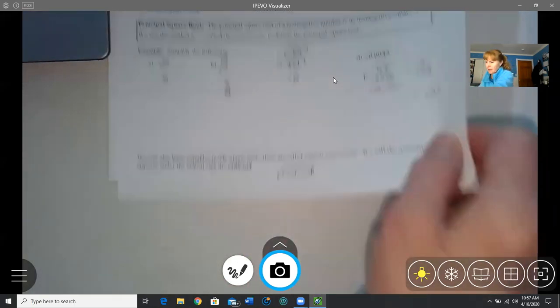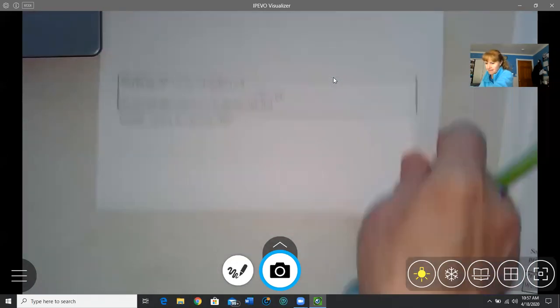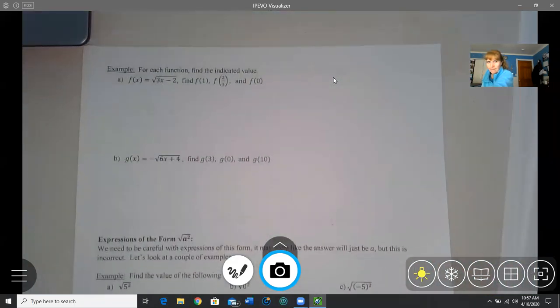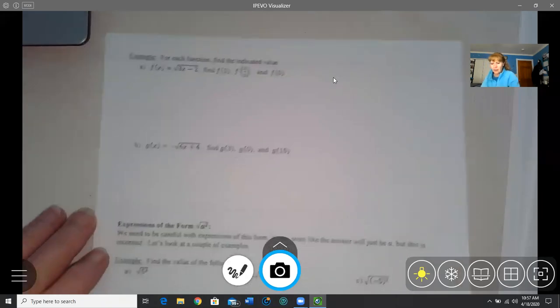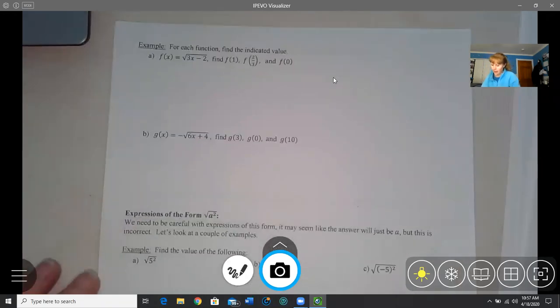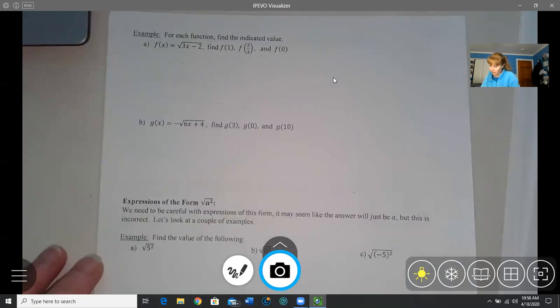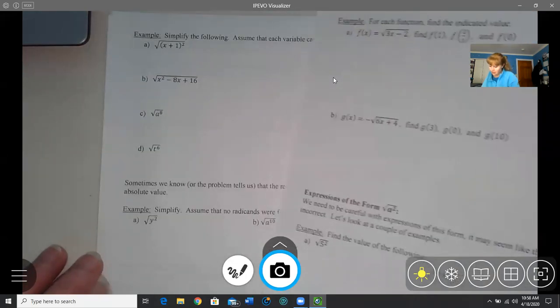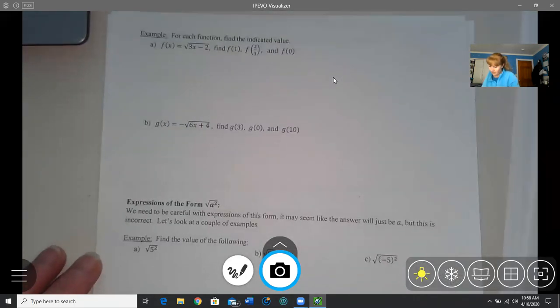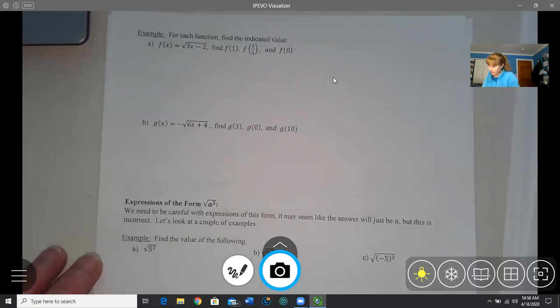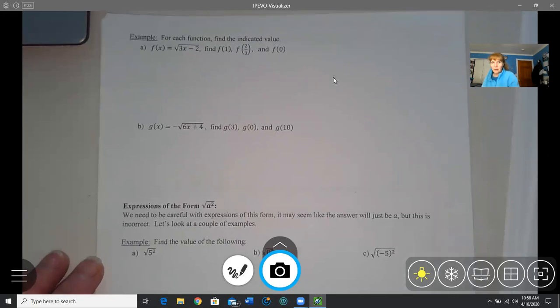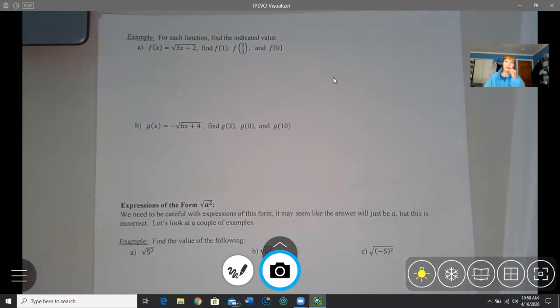All right, so let's go to our next page here. We're just going to work with radicals and the radicand, and then we'll eventually start simplifying them. I may have to come up with some other examples. All right, let's work with these radicals here.